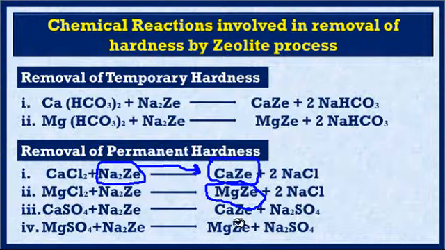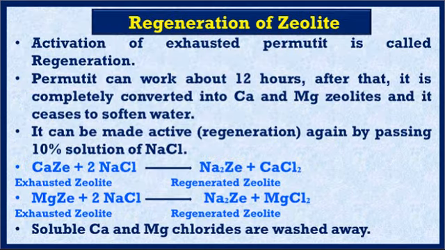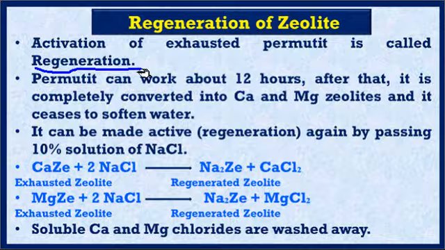So these calcium and magnesium zeolites are the exhausted zeolite. The activation of these exhausted zeolites is called the regeneration. By the regeneration process, we can again convert the calcium or magnesium zeolite into the sodium zeolite form.